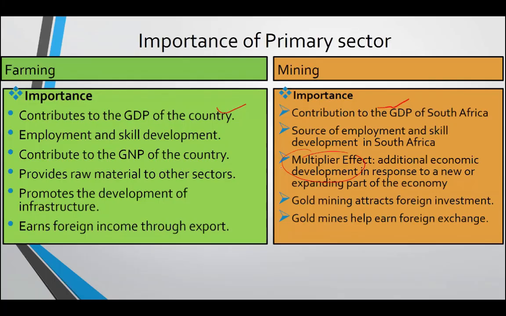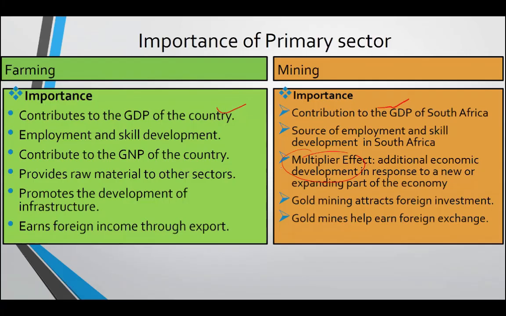Well, for example, we're talking about sugarcane farming. So multiplier effect means somebody else is producing sugarcane. The end product of sugarcane is sugar. So what's going to happen? Somebody else is going to package that sugar from sugarcane, and that is a multiplier effect.